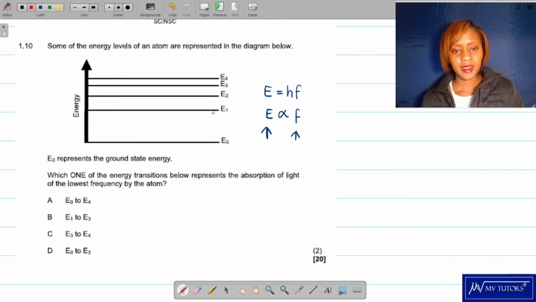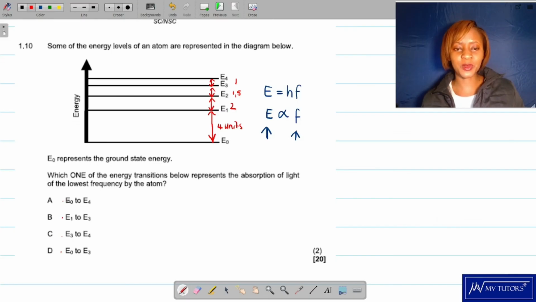Now I'm just going to make up values here. Let's say from E0 to E1 we have 4 units, and here let's say we have 2 units. Then we have 1.5, and then 1. I'm assigning units because I want us to work out what's actually happening in all of these.